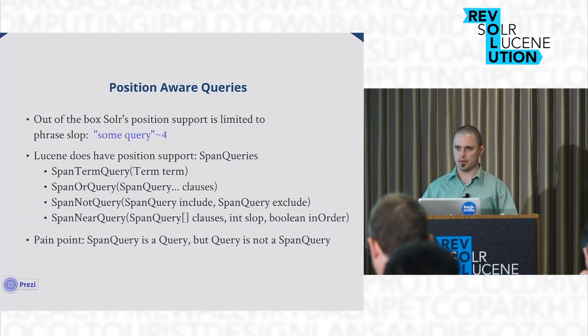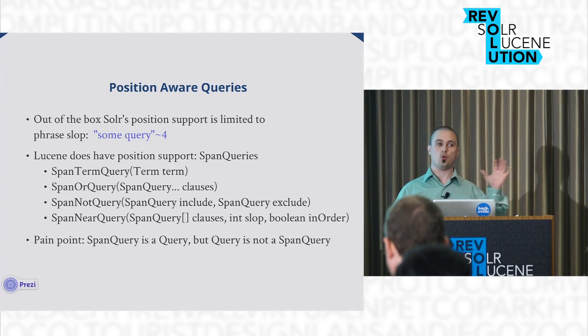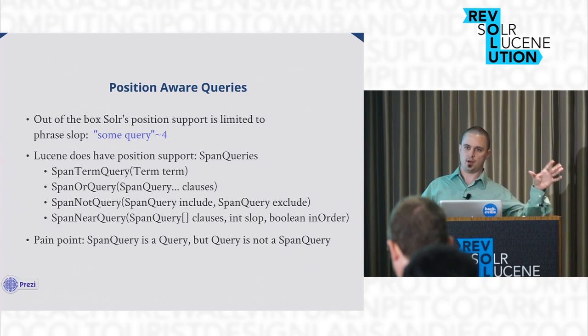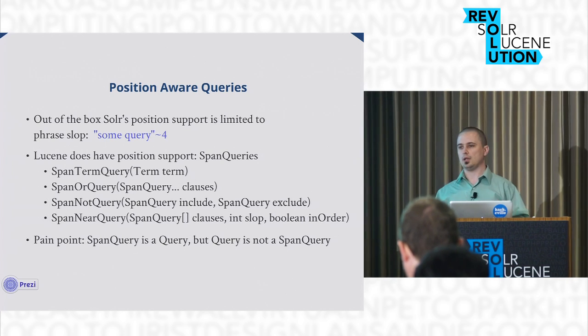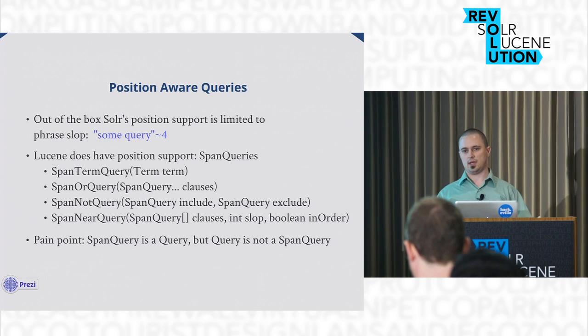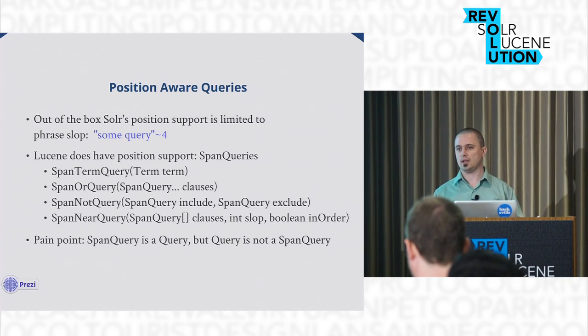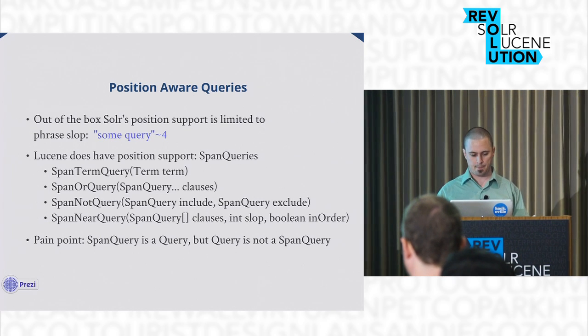There is a pain point here that we did run into. A span query is a type of Lucene query, but a Lucene query is not a type of span query. So sometimes you're doing a lot of casting and ugly stuff like that. In the future, I've heard that these two hierarchies of classes are going to be merged together, so I'm kind of looking forward to that.